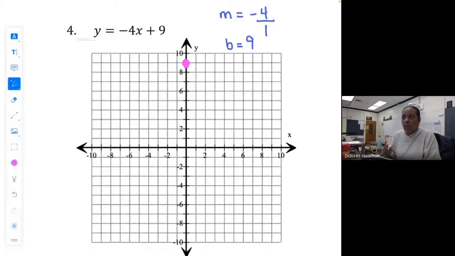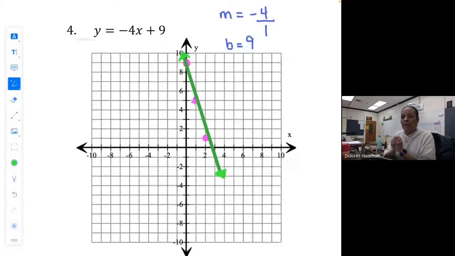That's my y-intercept. And then if I look at that as negative 4 over 1, so now we would go down 2, 3, 4, and to the right 1. Down 4 and to the right 1.